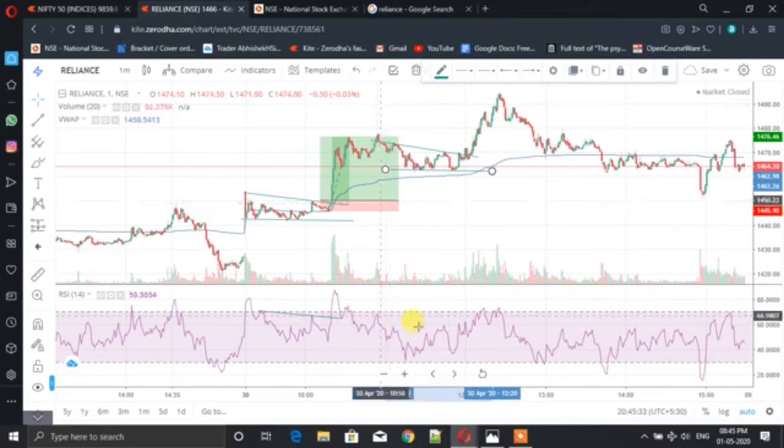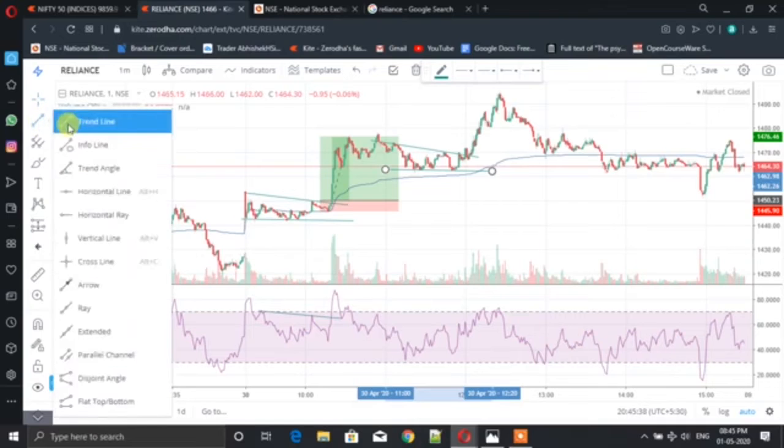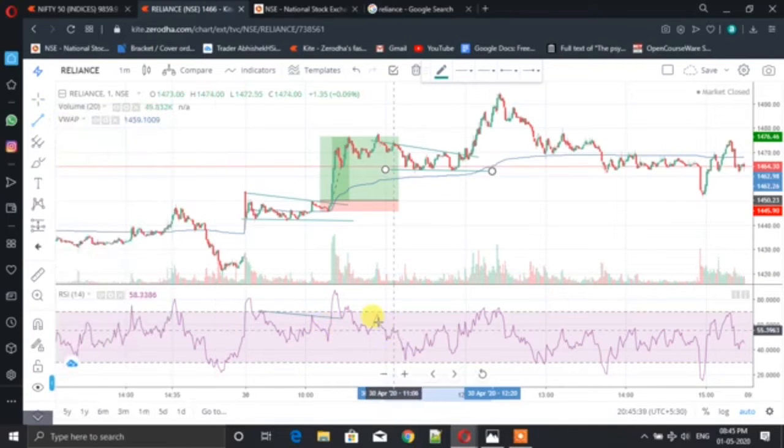So we'll try to find this wedge-like pattern in RSI also, so that we get the confirmation and confidence to trade. So let's draw a wedge here, connecting the highs of the RSI. We'll extend a bit.